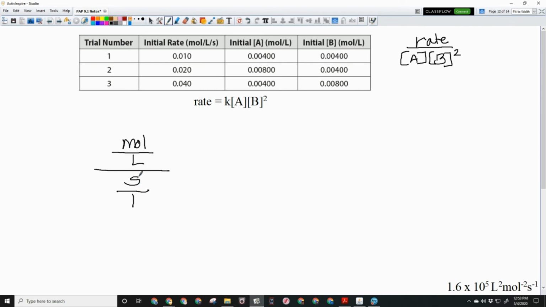That's how I learned it. Keep, change, flip. So I want to keep this one the same, and I want to change this from dividing to multiplying, and I'm going to flip this one. So it's going to be 1 over s.